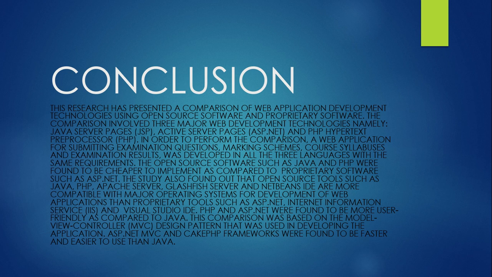In order to perform the comparison, a web application for submitting examination questions, marking schemes, course syllabuses, and examination results was developed in all three languages with the same requirements. The open source software such as Java and PHP were found to be cheaper to implement as compared to proprietary software such as ASP.NET.